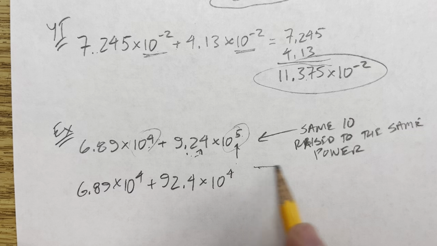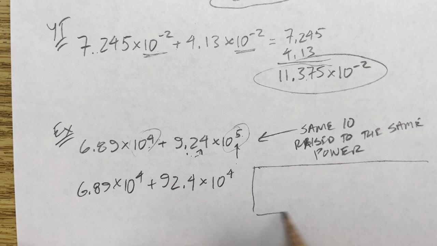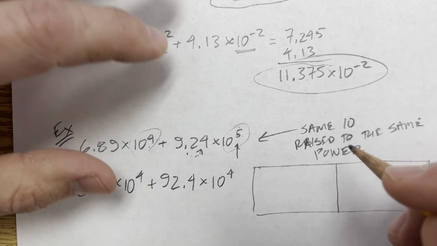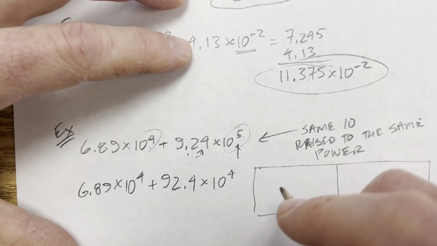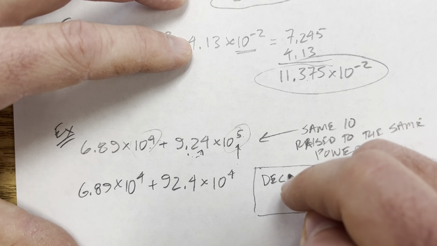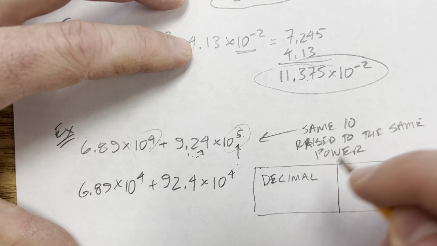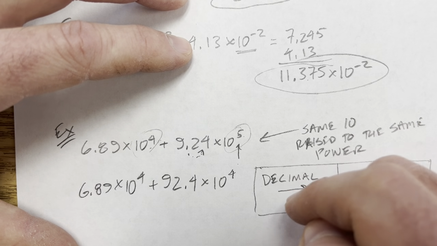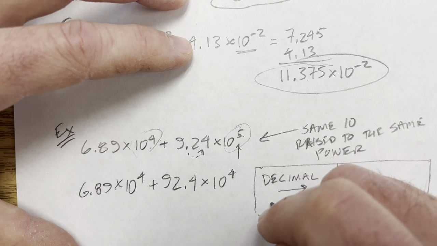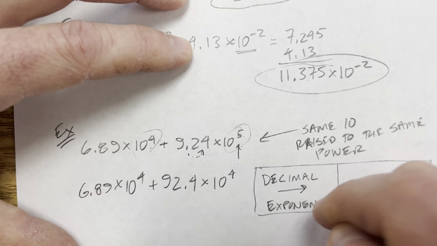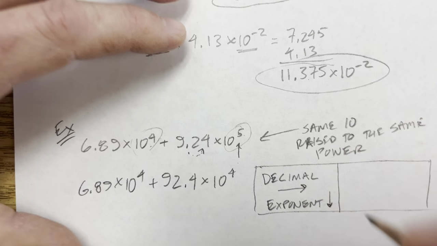Let's write a little rule for us. When I move the decimal to the right, the exponent goes down.